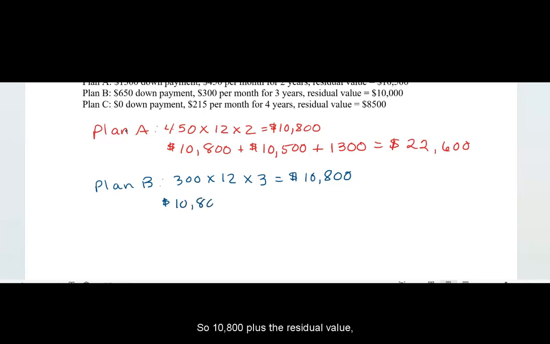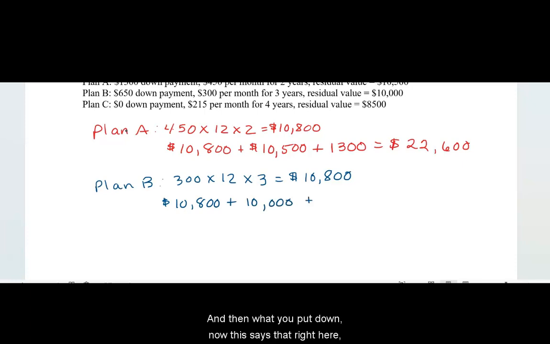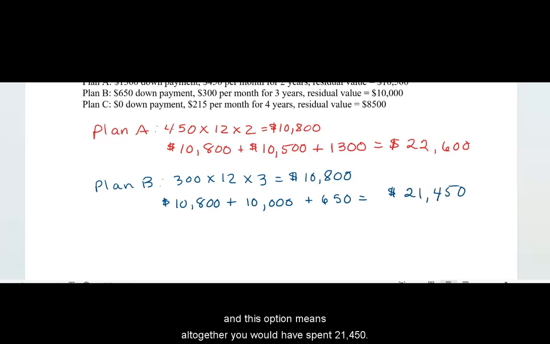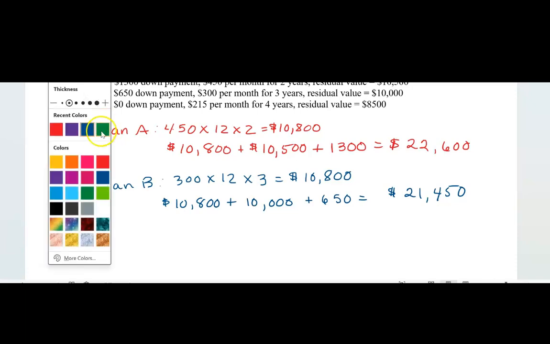So $10,800 plus the residual value, which is $10,000 now. And then what you put down. Now this says right here, you put $650 down. Add all of that up, and this option means altogether you would have spent $21,450.